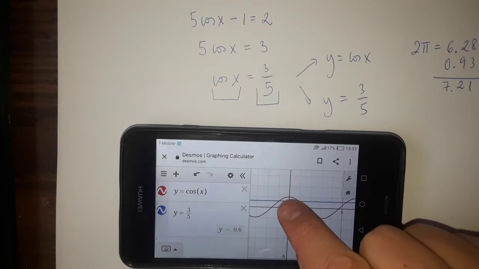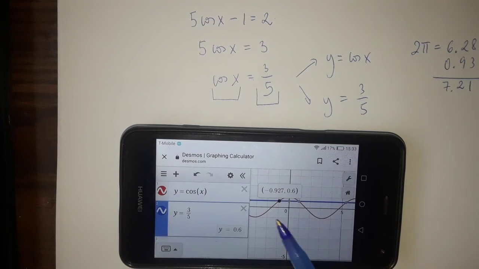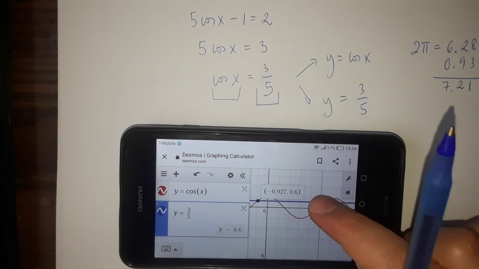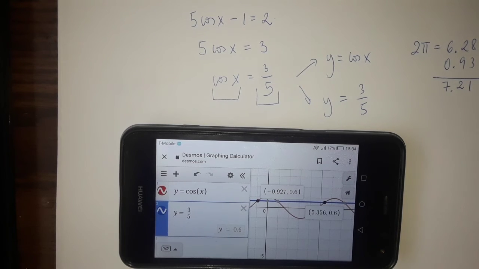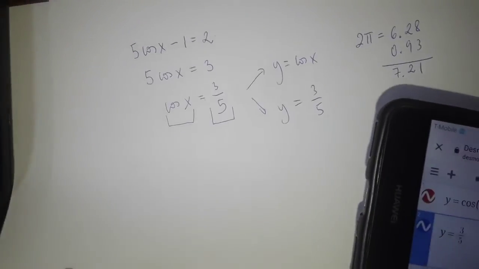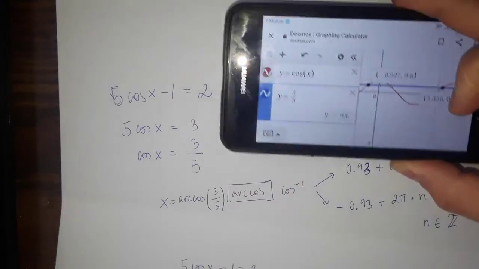Now for negative, here we have the negative 0.93, and it's also repeating, right, for every 2 pi, correct? So these are the 2 solutions actually. Let's see if we find the previous paper. Where is it? Here, yeah.